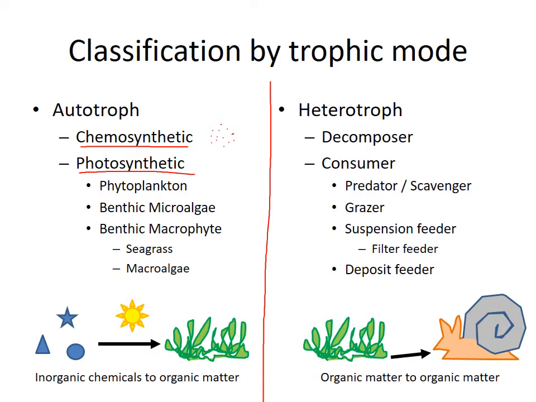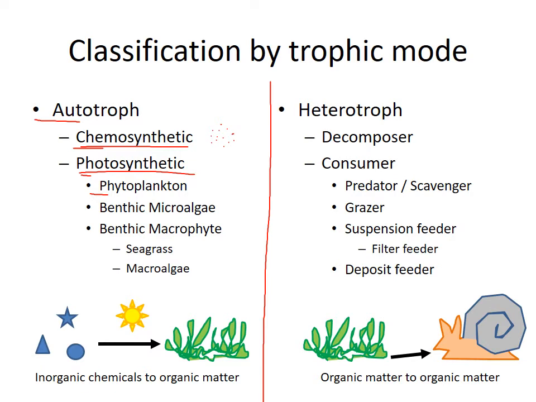But I will say something about the photosynthetic autotrophs. So you can see I've used, well, PowerPoint makes this easy to do, bullet point lists where you've got the higher level and then the lower level below that and then the lower level below that. And so this indicates the sub-classifications within each group here. So within the autotrophs, you've got chemosynthetic and photosynthetic.